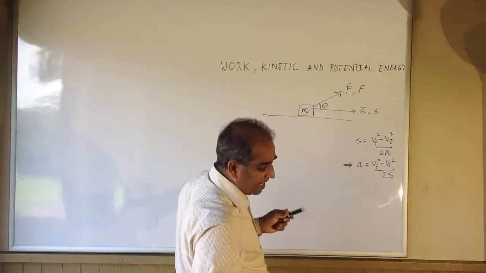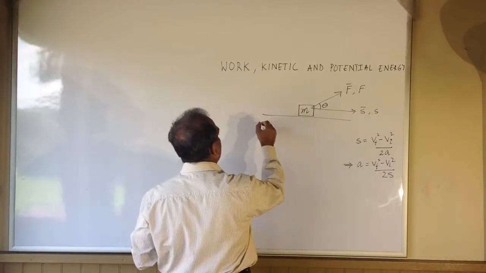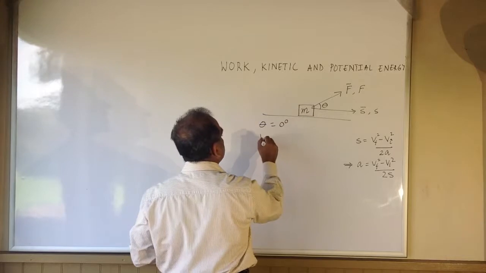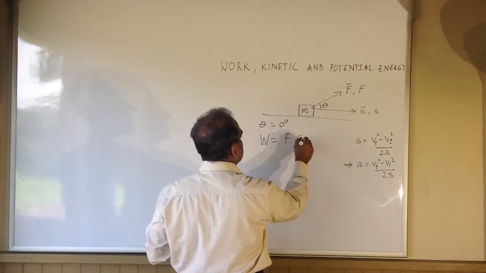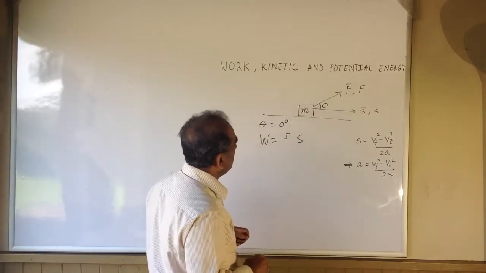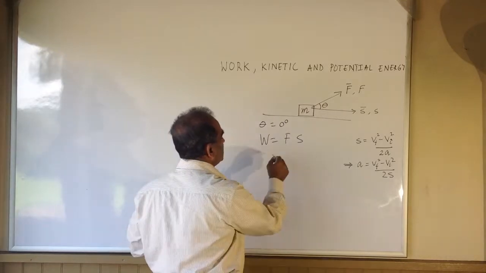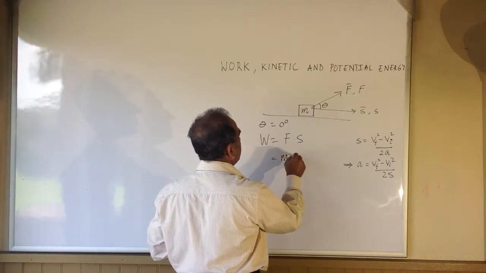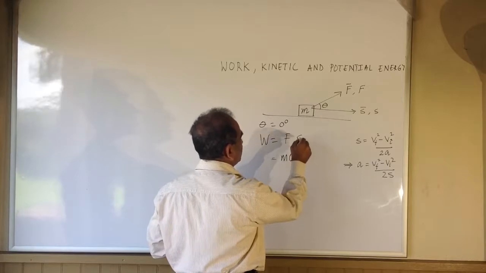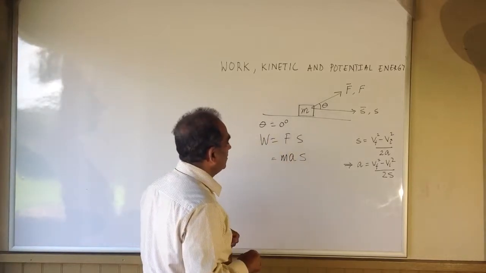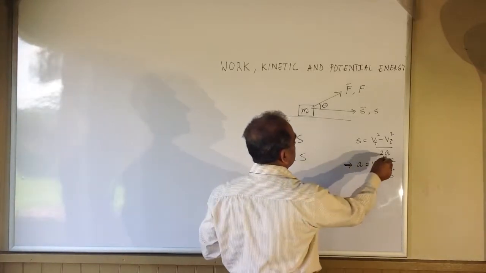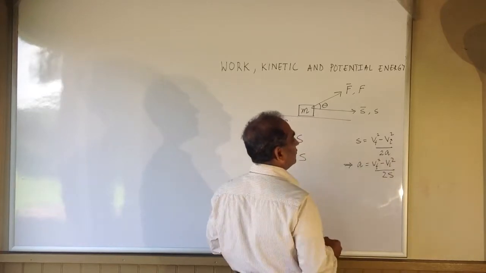So let's say that theta is equal to 0 and work done is equal to force times displacement. Now you know that force is mass times acceleration, then displacement. But you know acceleration has this value from kinematics.